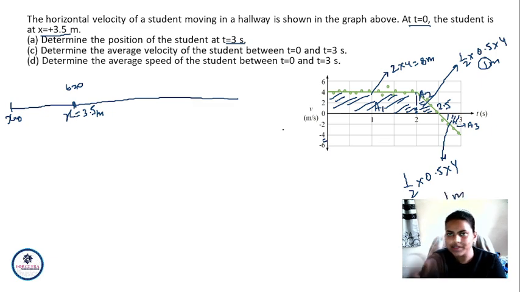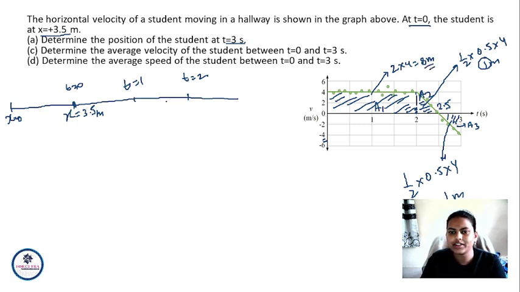So what must be happening, at time is equal to 0, the student is at this position, 3.5 meter. At t is equal to 2 seconds, the student has covered 8 meter distance.